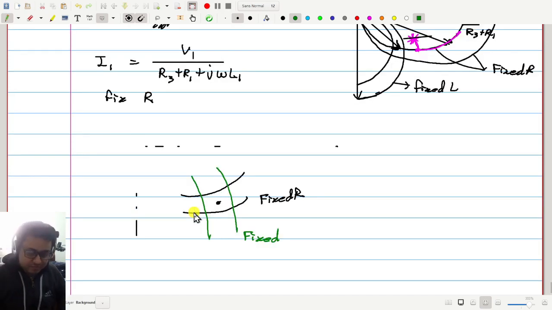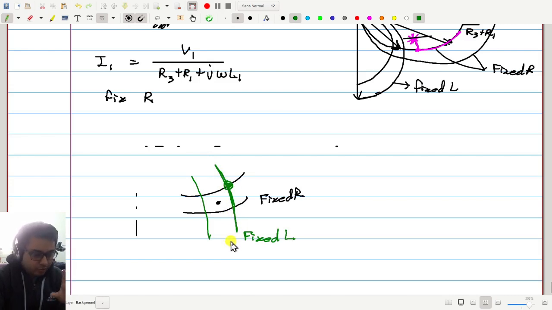Now suppose we start with some arbitrary value of R and L. Suppose we start from here, keeping the resistance fixed and changing the inductance. Then from here we will move along this path in this way. We can go on this path in either direction starting from this point.